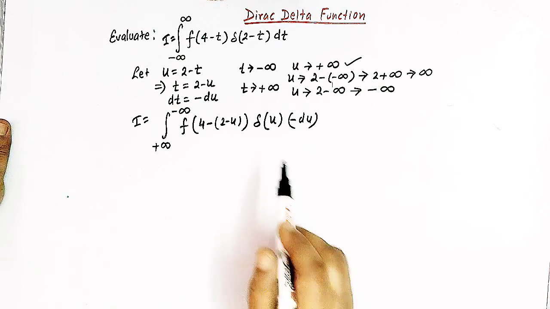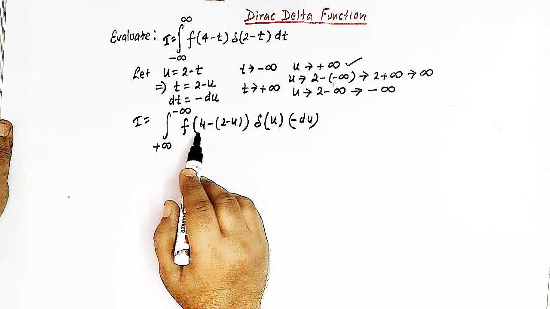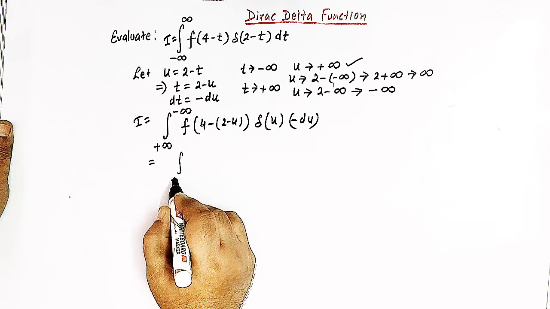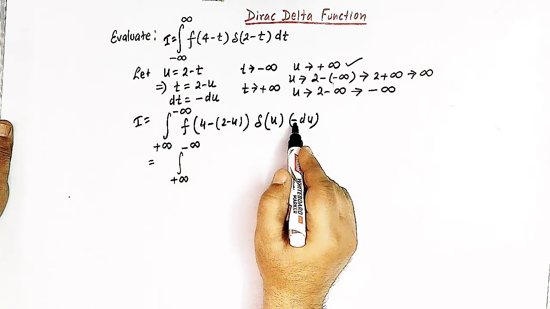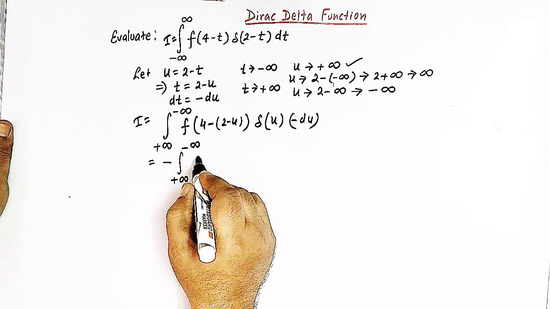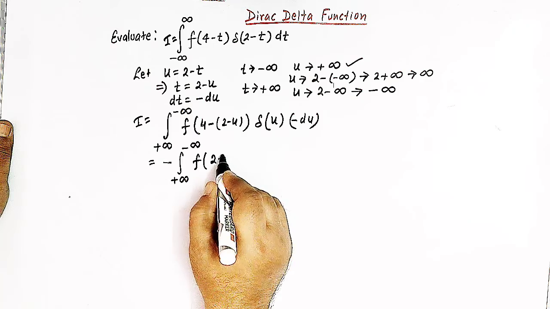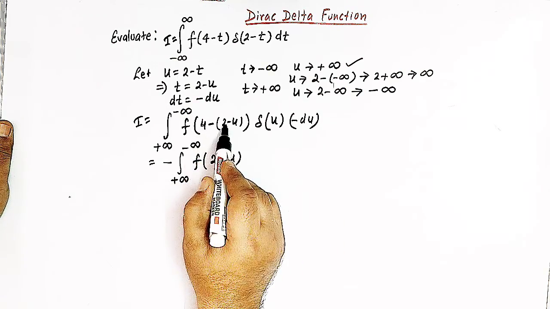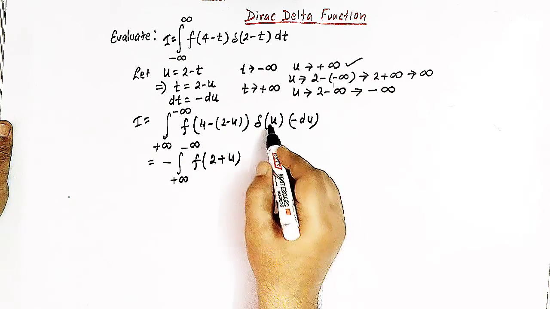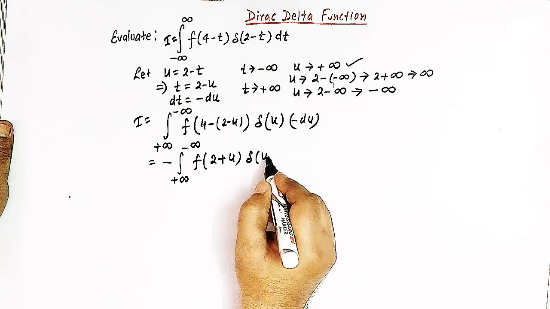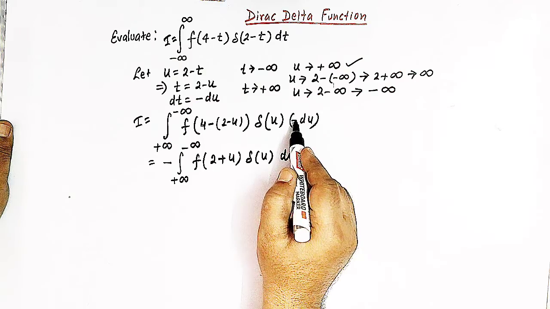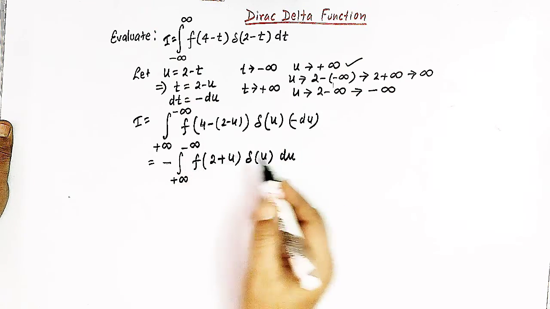So now let us rearrange the terms and simplify this expression. We have plus infinity to minus infinity. This negative sign can be taken outside the integral, and we have f of 2 plus u, because here 4 minus 2 is 2, and negative times negative gives positive, right? And we have delta of u du, right? Now, because of this negative sign, we can interchange the limits.